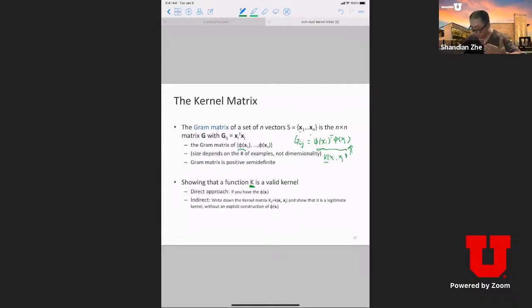To check if a particular function is a valid kernel, I use this k and an arbitrary set of input vectors to compute an n by n matrix, where every element is k of the corresponding two vectors. If this matrix is shown to be always positive semi-definite, then we claim that k is a valid kernel, and the matrix computed based on k is a Gram matrix.